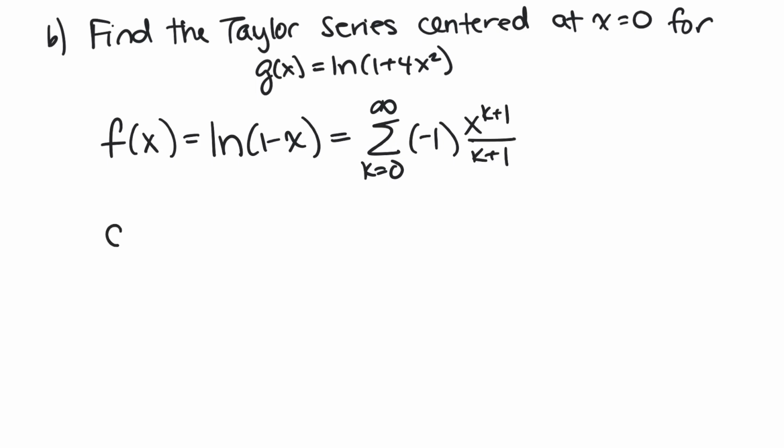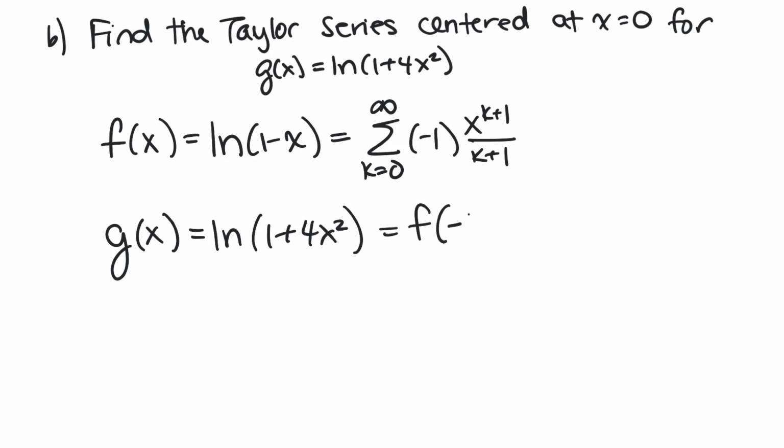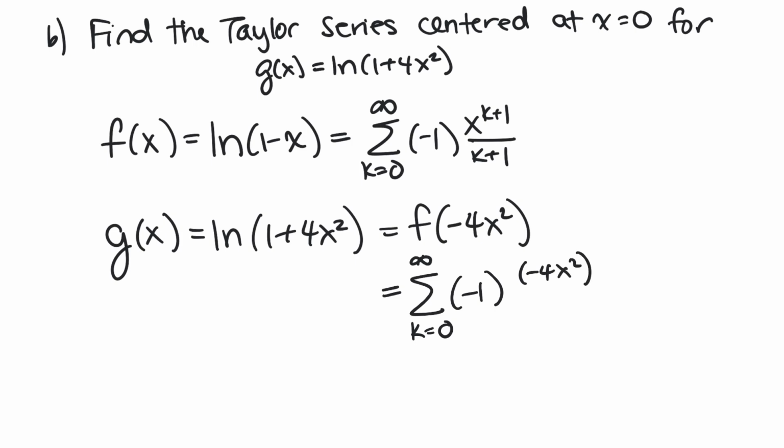And we notice that g of x, being natural log of 1 plus 4x squared, is just f of x with negative 4x squared plugged in for the x. And so now we know that plugging negative 4x squared in for the x in the Taylor series we already have, we get the sum k goes from 0 to infinity, negative 4x squared to the k plus 1 over k plus 1. And now we want to simplify this just a little bit.